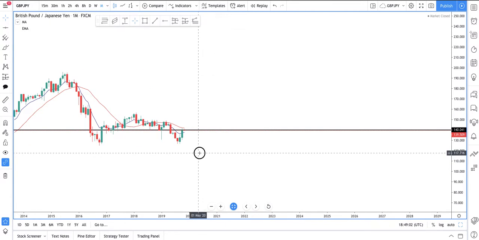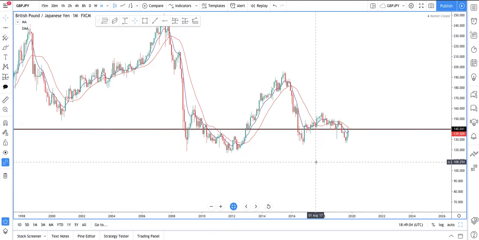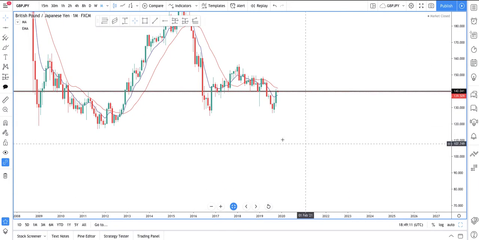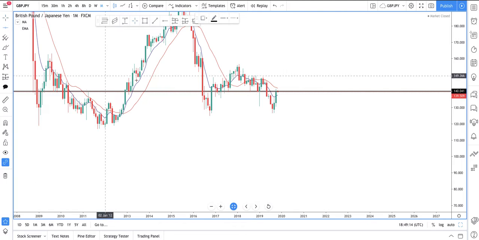But for short term, I've got some sell orders, as you saw earlier. So this is how I find my support and resistance levels, and we're going to go ahead and plot them together.